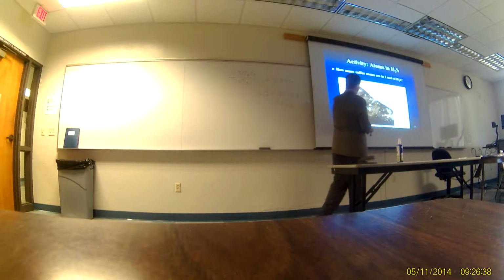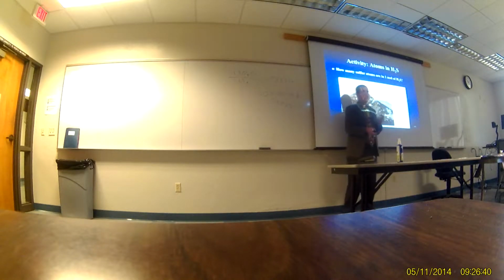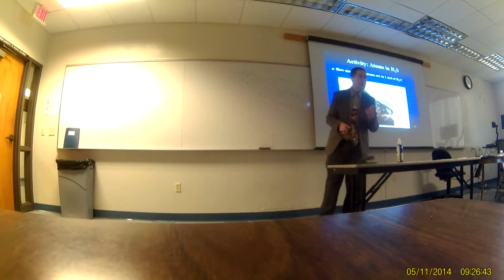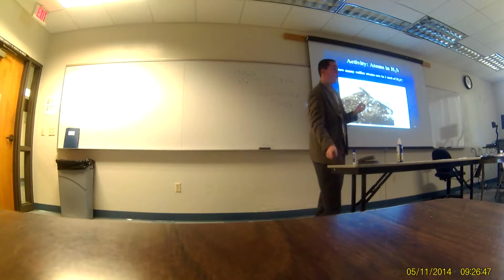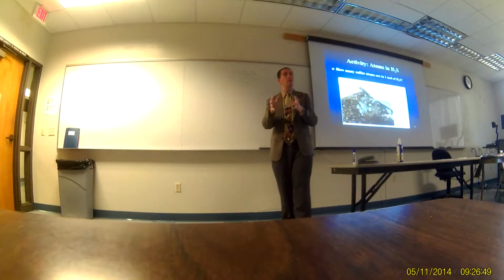This is where people start to struggle a little bit. We can take the term mole, and remember to think of it like a dozen. We can apply it to anything we want to.